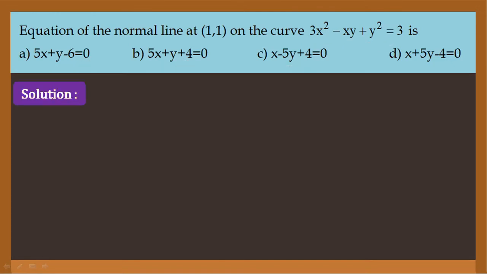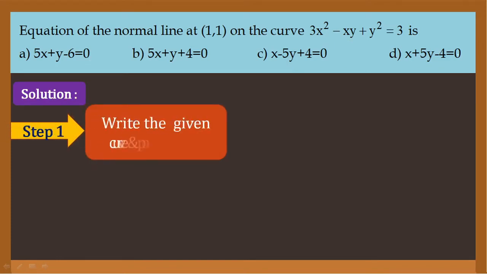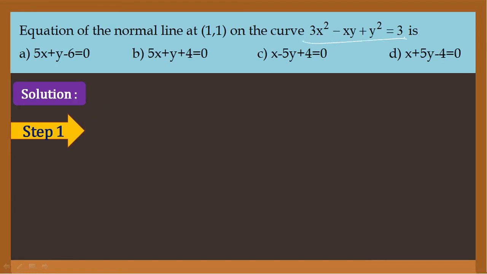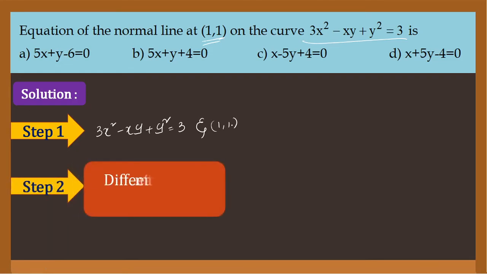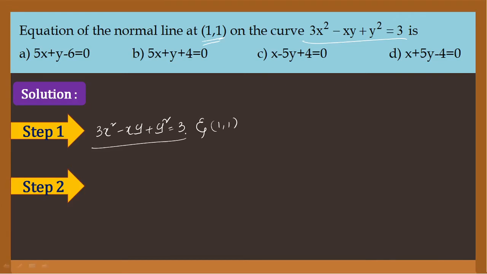Let us find this. First, we write the given curve and point. Given curve is 3x square minus xy plus y square equals 3 and the point is (1, 1). Now, differentiating with respect to x on both sides, we get 3 into d by dx of x square, which is 2x, minus d by dx of xy.